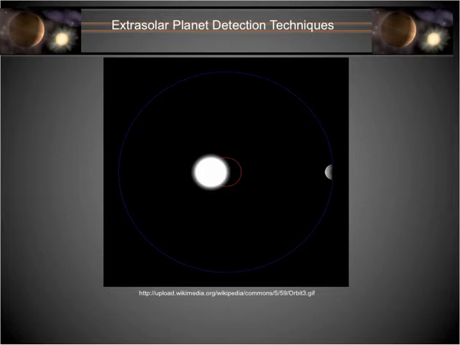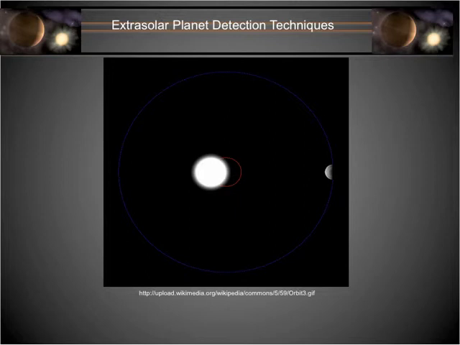Another way we can detect planets is through actually marking down this wobble that I'm referring to, due to the force of gravity pulling on the star from the planet. And how that works is, again, you take a series of images, but this time on the actual image, you try and measure the way the star moves and how it appears to wobble over time.